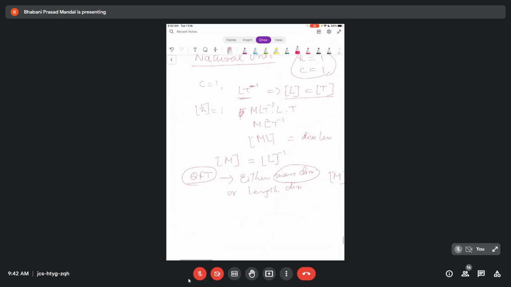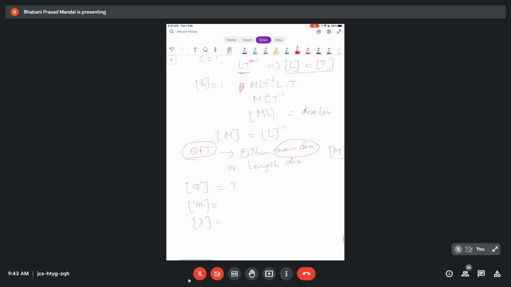Now the first exercise that we should do: what will be the mass dimension of phi? What will be the dimension of m in our Lagrangian? What is the dimension of lambda? These three things we have to find. How will we do that? This is very easy.